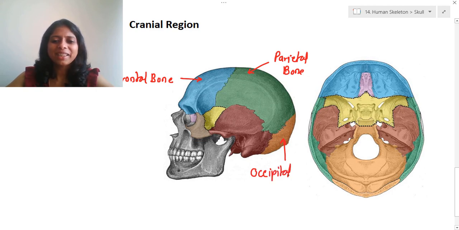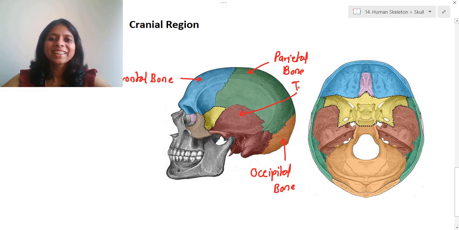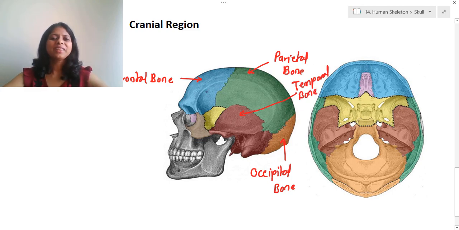Yes, occipital bone. And which is this bone just above the ear? Yes, temporal bone.